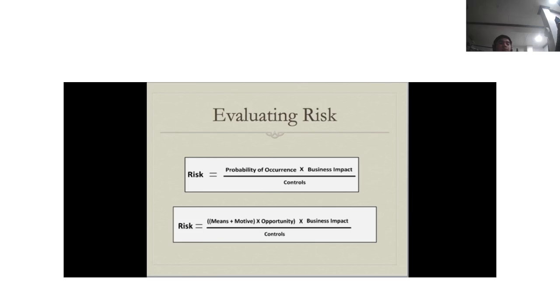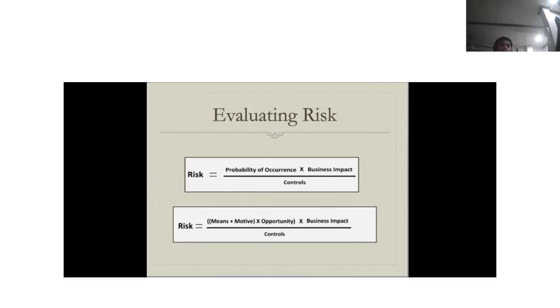Means is how skilled the attacker is. An unskilled attacker will have a real hard time getting through a strong layered controls framework, whereas a really skilled attacker might be able to zoom right through it.